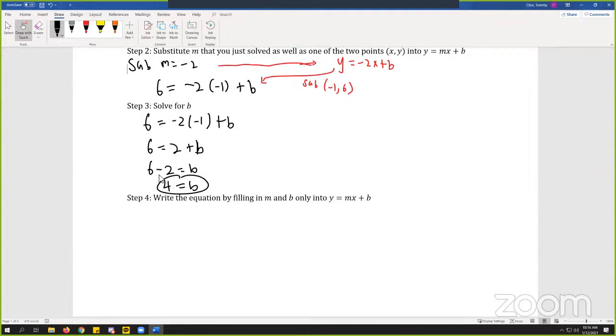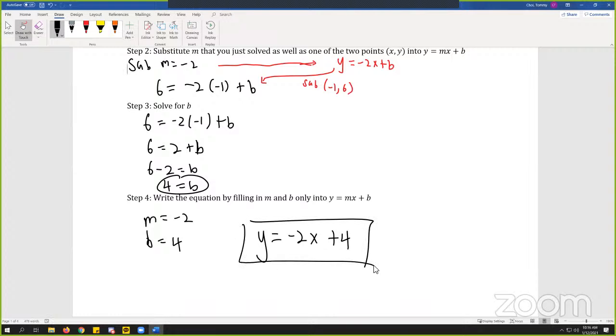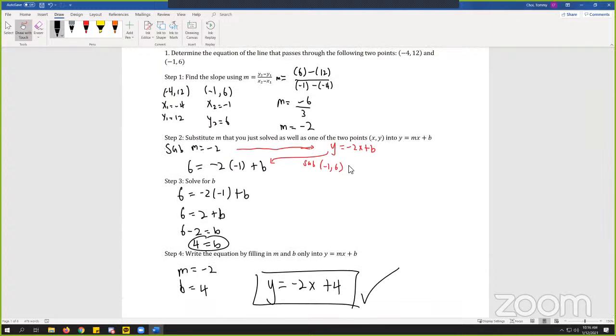And then we can write our final equation. We know our slope is negative 2. We know our b now is 4. And so my final equation is negative 2x plus 4. Okay, so I'm going to zoom that out for you guys to copy. And this is our process that we're going to be doing for this lesson.